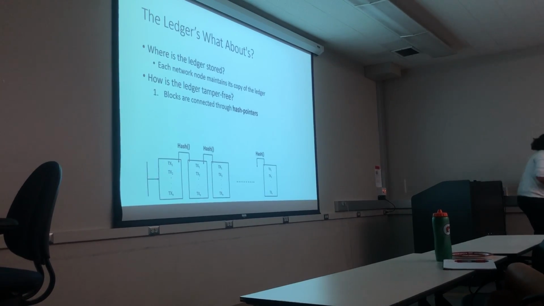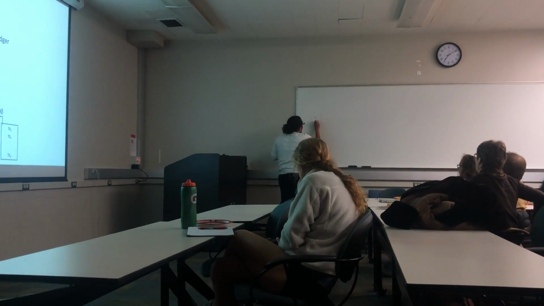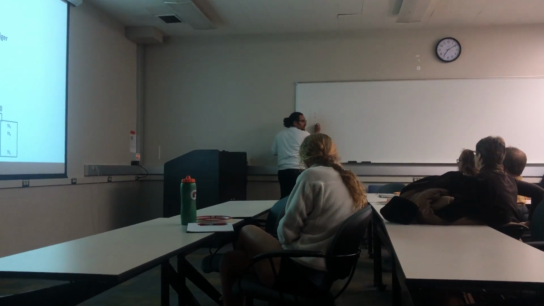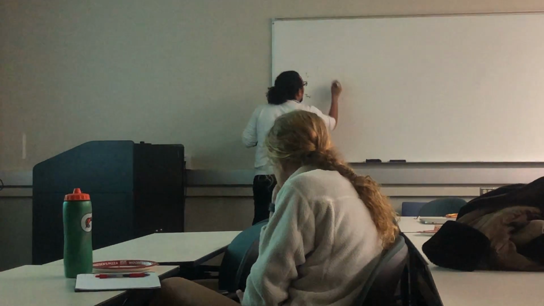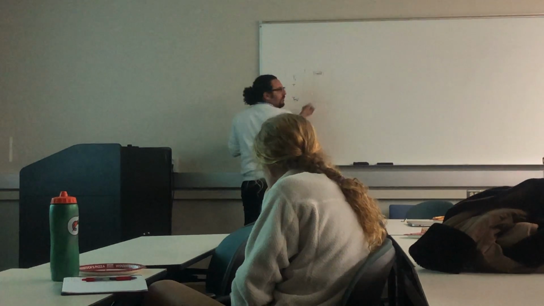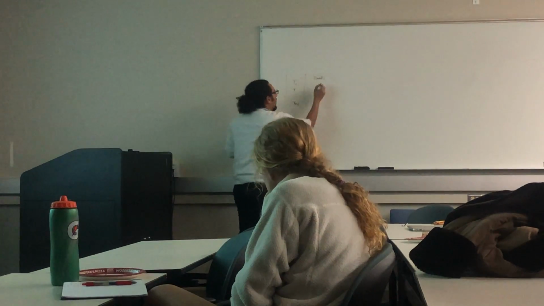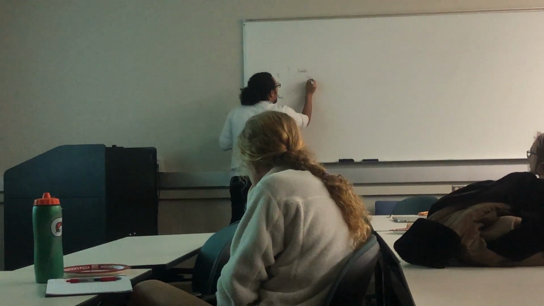So you have a block that has transaction 1 till transaction n. Then you hash the whole thing and store this hash in the next block. So this is the hash of the first block. And there are other transactions here, so name them n plus 1, n plus 2, and so on and so forth.